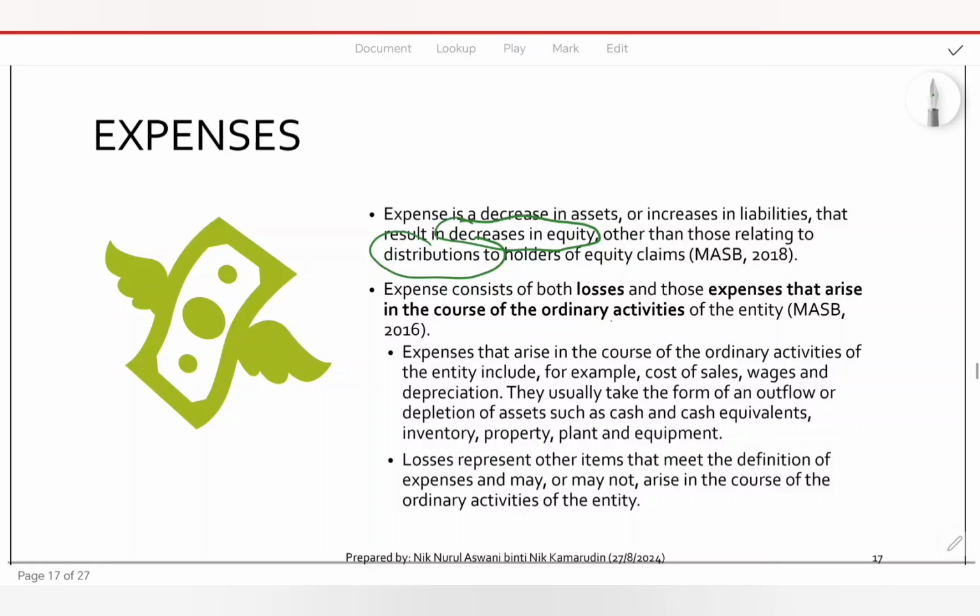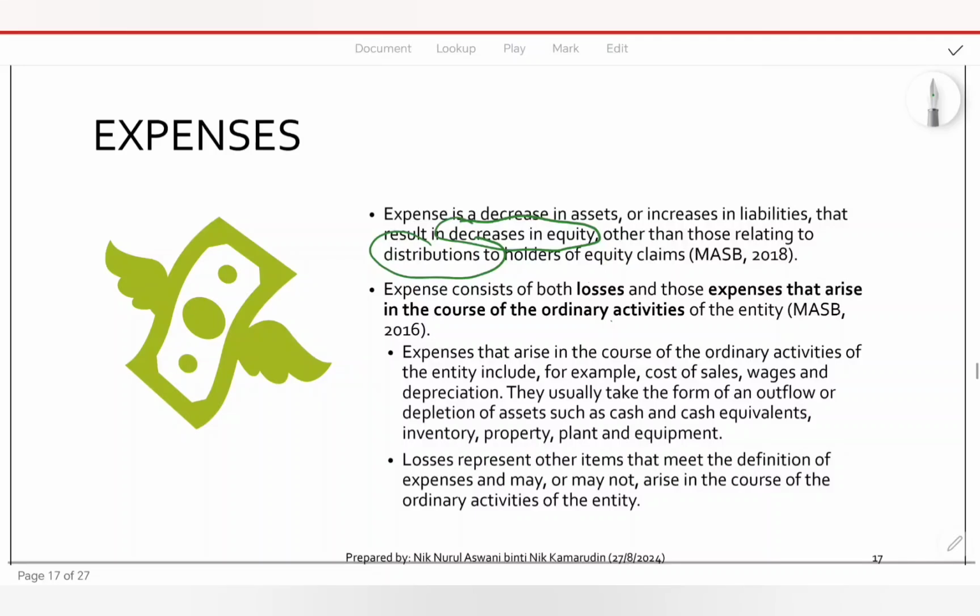But not only that, the losses that you have incurred, other than the net loss or gross loss that you are going to calculate, could be due to loss on disposal of asset. Those will be considered as losses. Those will also be considered as expenses, and will be put under the same category as other expenses in the statement of profit or loss.